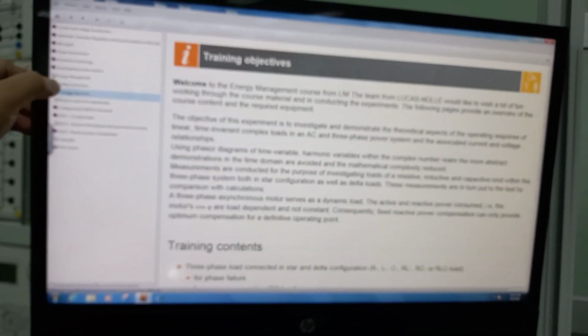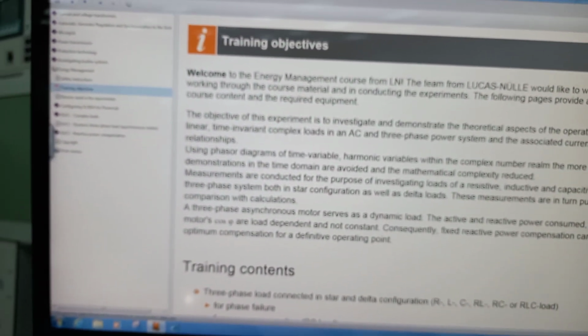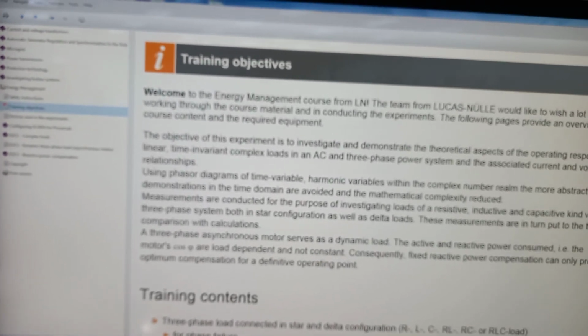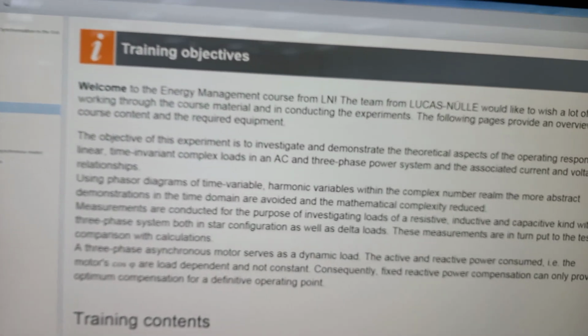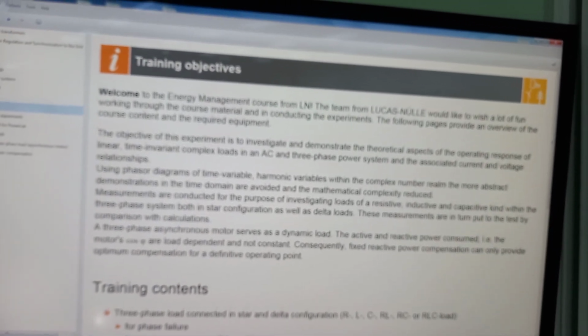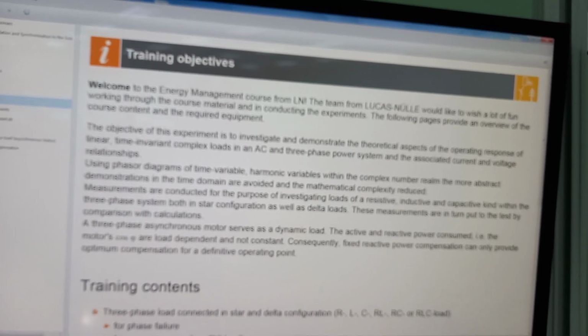Okay, next. This is our main job for this week. Welcome to the energy management course from Lucas Nuelle. The team from Lucas Nuelle would like to wish you a lot of fun working through the course material and conducting the experiments.